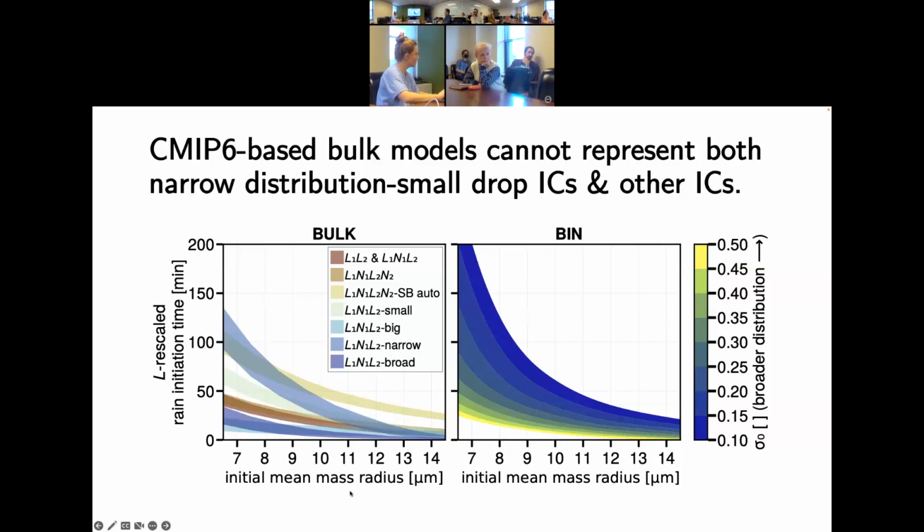And so that's this cluster of schemes. Or we can try to represent these narrow distribution, small drop initial conditions, and then do a bad job of representing most of the initial conditions.